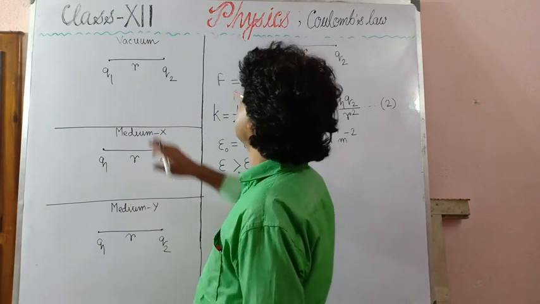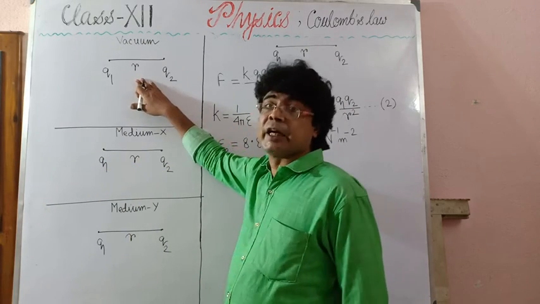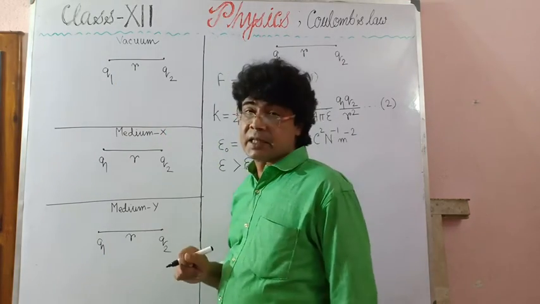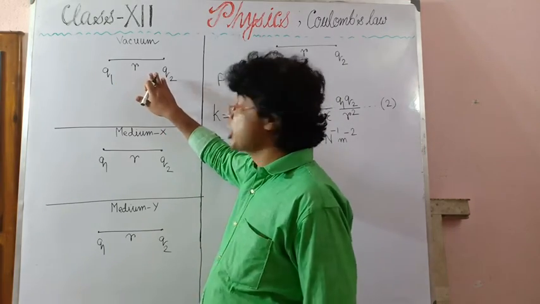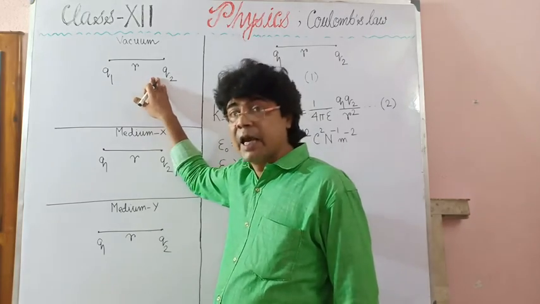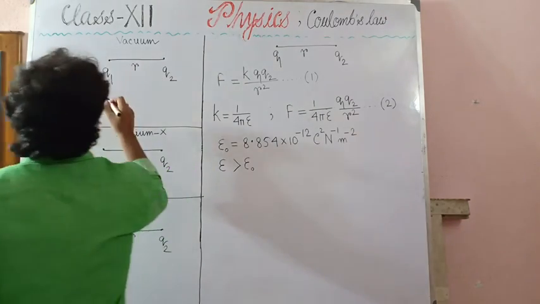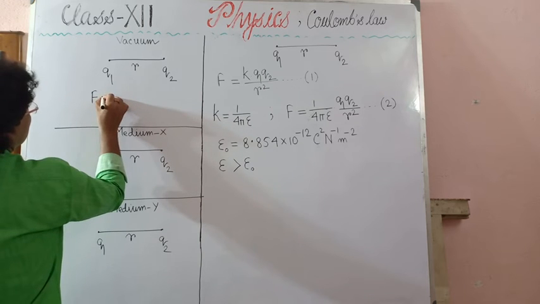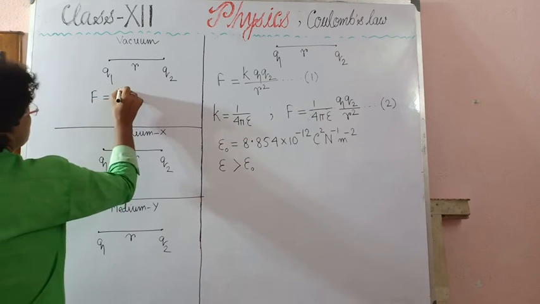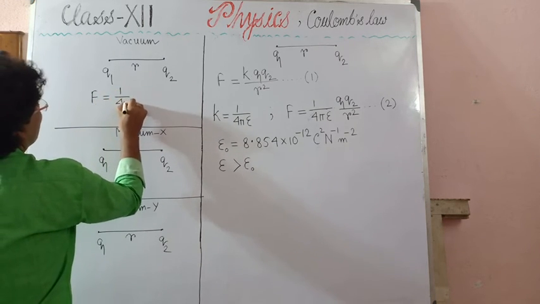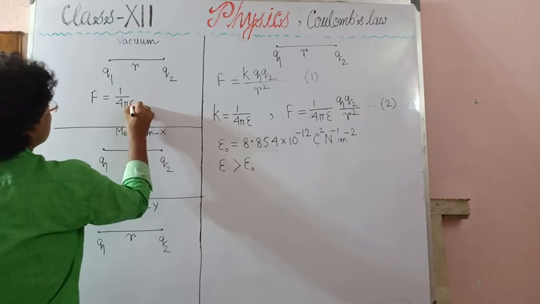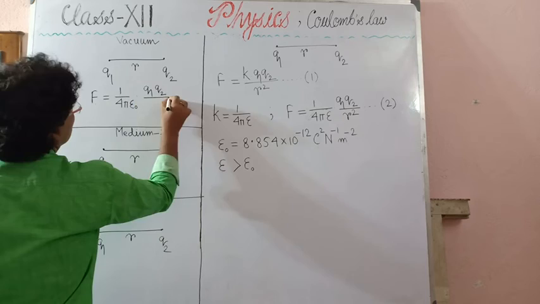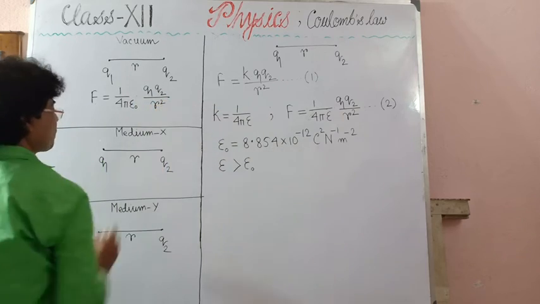Now, if the electrostatic force between the two point charges in this situation is F, then in SI units, F equals 1 by 4 pi epsilon 0, Q1 Q2 by R square.